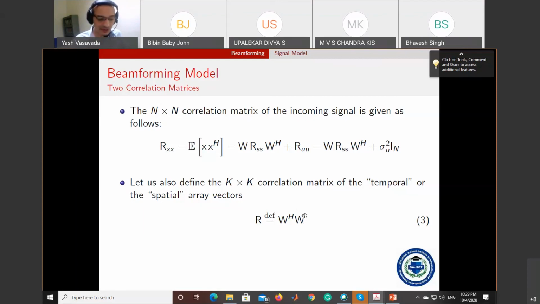Or in general, let us say we are back to the traditional modulation schemes, 2 PSK, 8 PSK, 64 QAM. For those techniques, what will be this W Hermitian W? Bhavesh? So projection. No, I'm saying what will be its form? What will it look like?